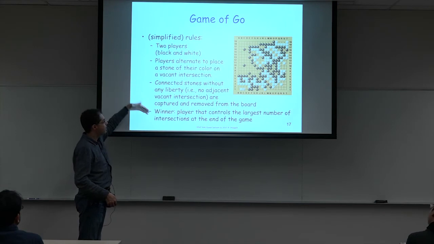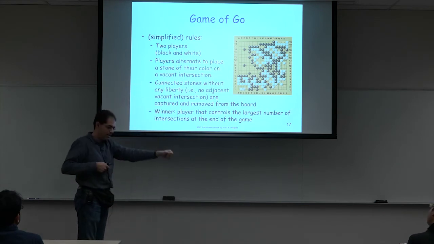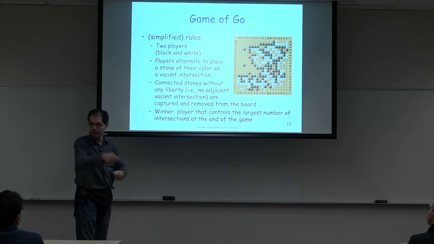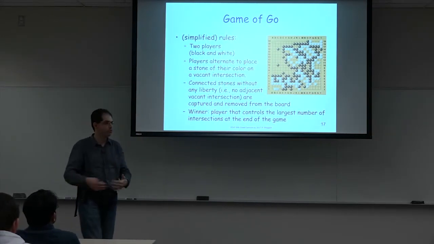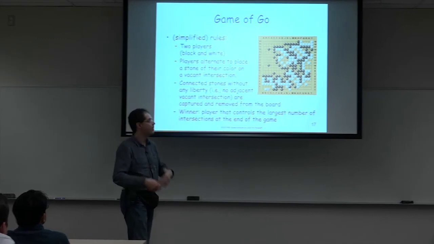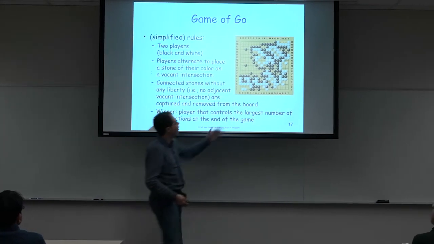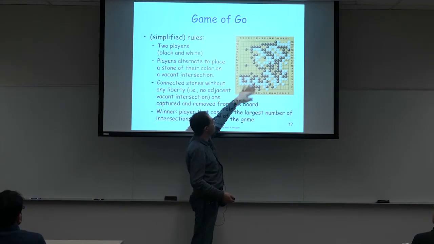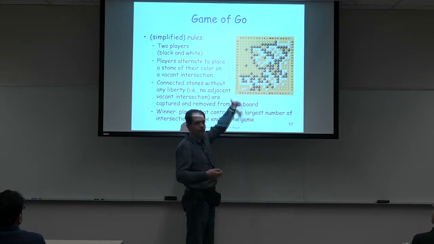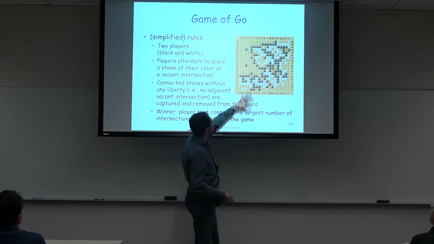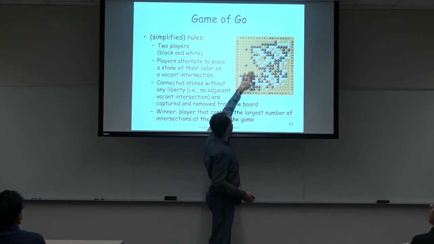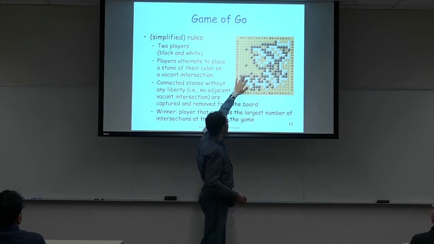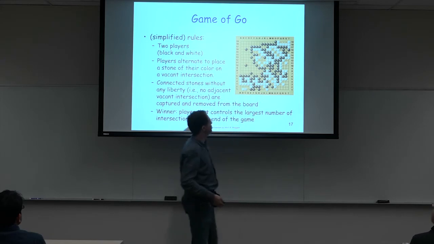So that's essentially how the game goes: everybody puts down one stone, one after the other. Whenever some stones are surrounded, we remove them, they're captured, and we keep going like this until at some point both players agree on what region is controlled by which player. For instance here, there's a big region controlled by black, because black is surrounding this region.